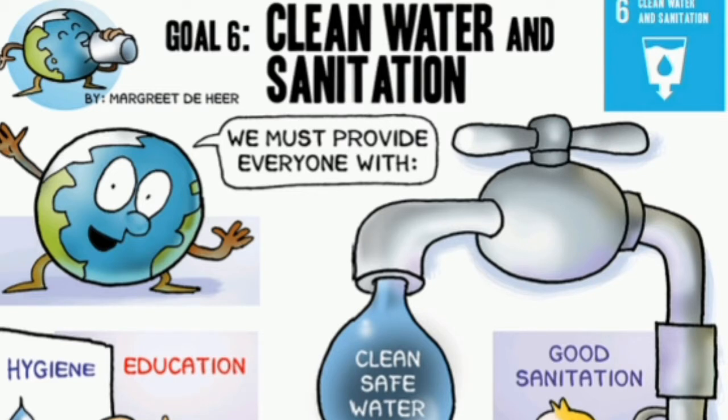Sixth is clean water and sanitation. We must provide everyone with, by 2030, clean, safe water, good sanitation. Seventh SDG is affordable and clean energy.